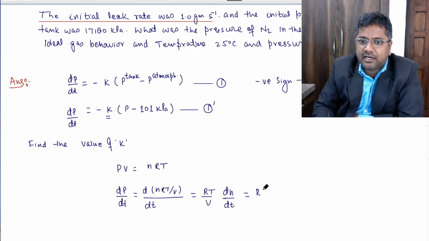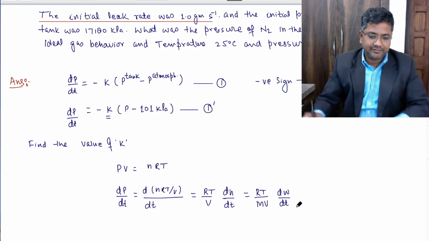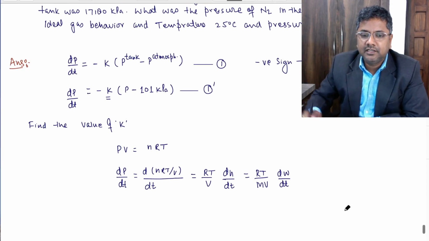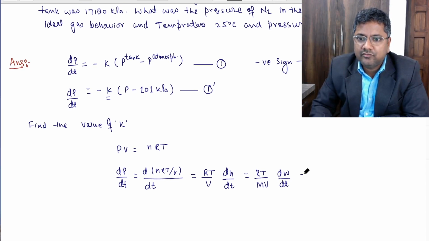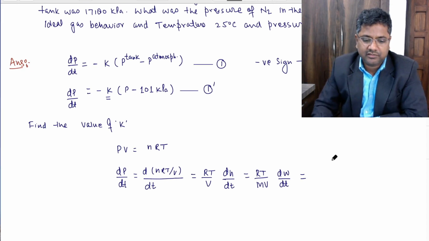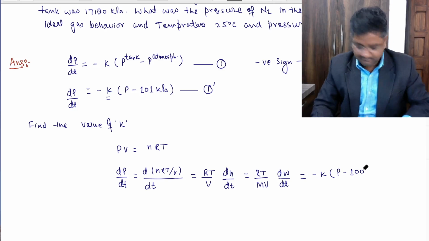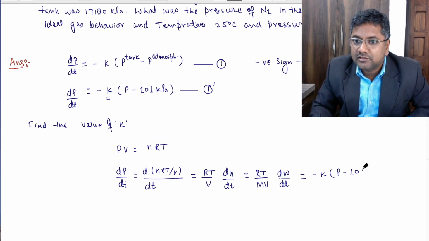So we can write RT by (m times V) times dW by dt, and this is equal to minus K times (P minus 101 kilopascal).